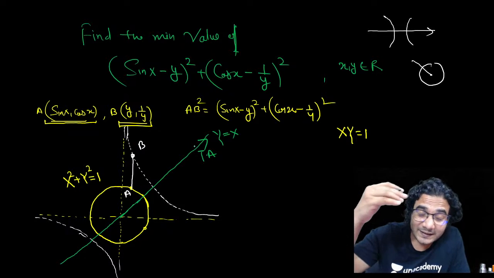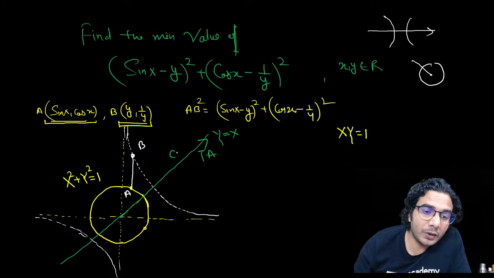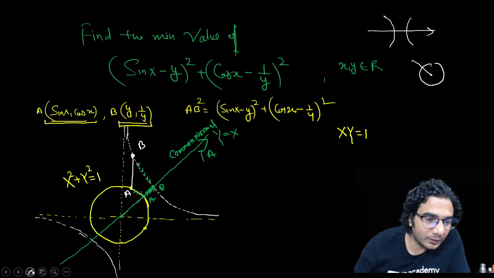So this is the common normal. And because this is a common normal, when A comes at this point and B comes at this point here, then this will be the shortest, minimum value.